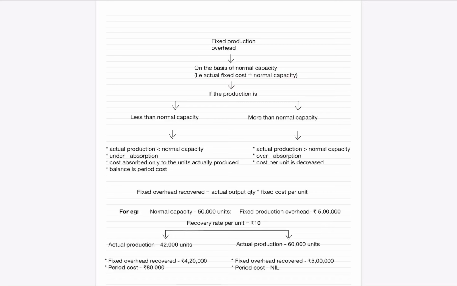Let's take an example of a CA coaching center. Let's assume that the coaching center has only two expenses. One is study materials for students and another one is rent. The study material to be distributed to the students is a variable expense, because the amount spent on study material is incurred for each and every student, because I need to spend on study materials only for the students who are enrolled for the coaching.